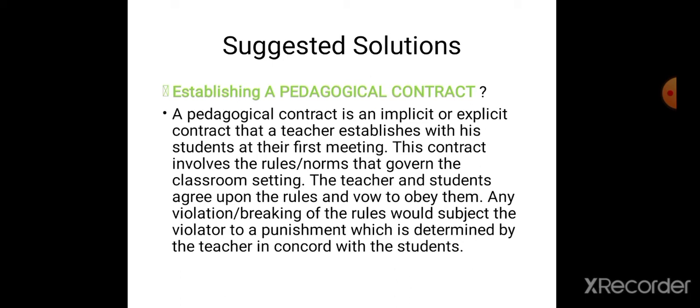This contract involves the rules, the norms that govern the classroom setting. The teacher and students agree upon the rules and vow to obey them. Any violation, breaking of the rules would subject the violator to a punishment which is determined by the teacher in concord with the students.